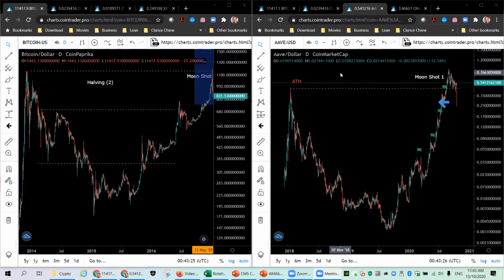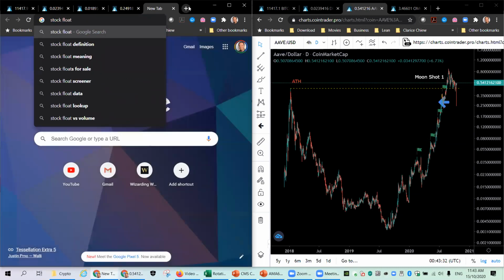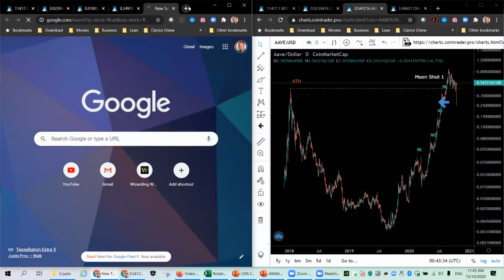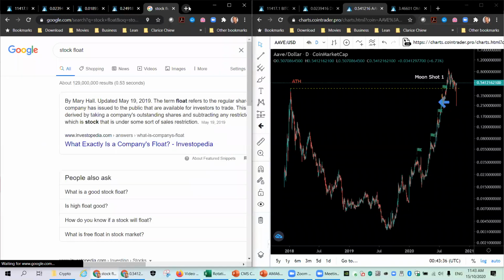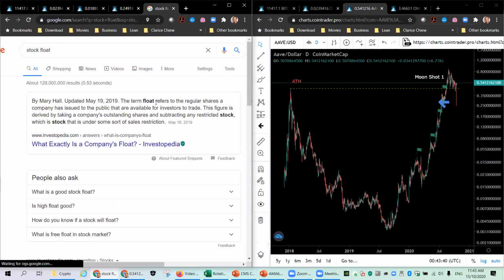And even in the world of stock markets, there's a concept called stock float. And if you guys want to check it out, it has been around for many years. And there are people who just analyze the stock float. Every time the amount of stock that is floating out there gets exchanged in hands, it will start to push up.